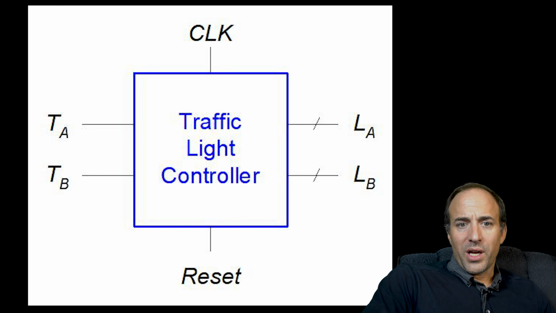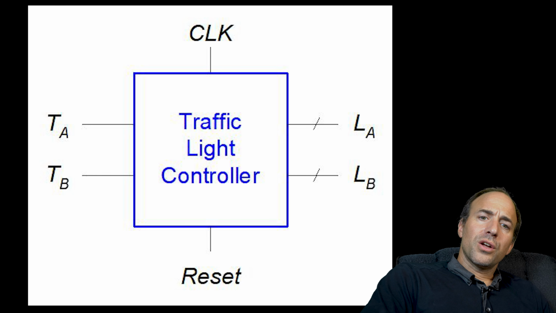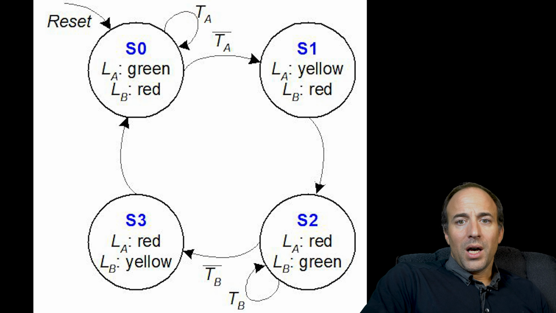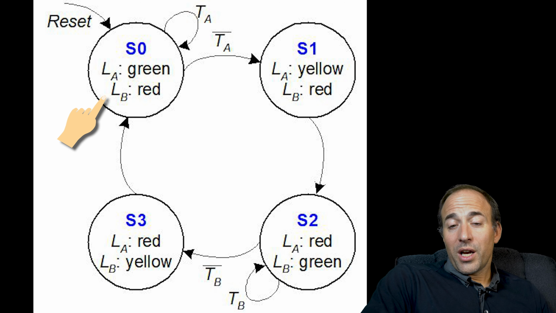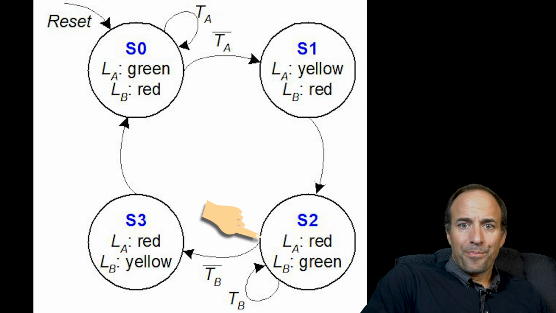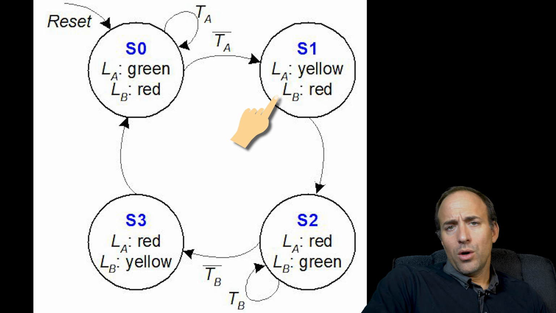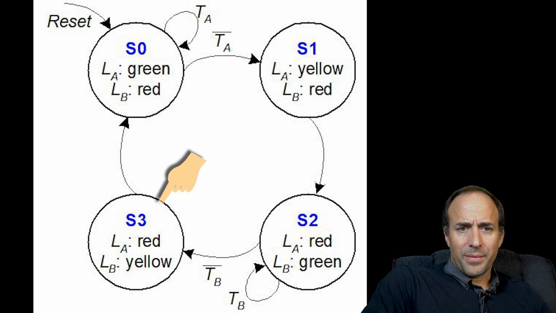The controller could then be in one of 4 states. Two of the states would be green light for Academic and red for Bravado, or vice versa. In the other 2 states, you would have a yellow light for Academic and red for Bravado, or vice versa.